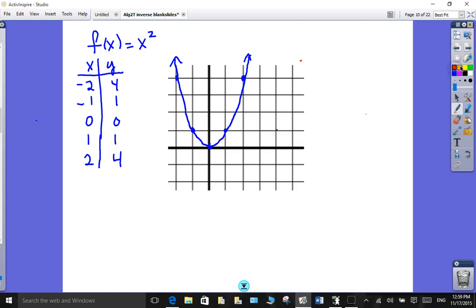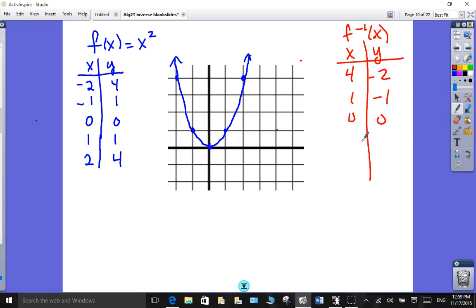Now the inverse. Again, how do I find the points that go on the inverse? I just switch the coordinates, right? 4, -2, 1, -1, 0, 0, 1, 1, 4, 2.